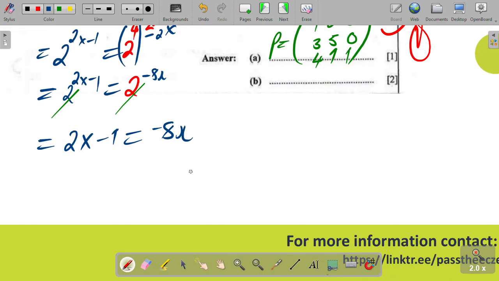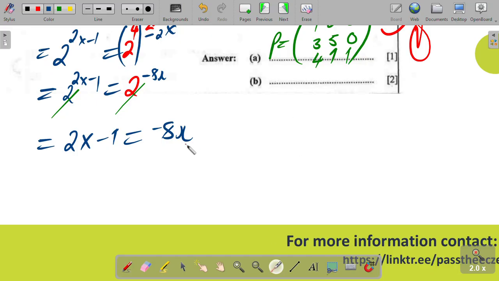Here now we have an equation and we can group the like terms. Negative 8x can be grouped with 2x. So pay attention to the signs here. When negative 8x crosses the equal sign, this negative changes to positive. The same as well here, negative 1, when it crosses the equal sign, it changes to positive. So this is how we are going to write them.